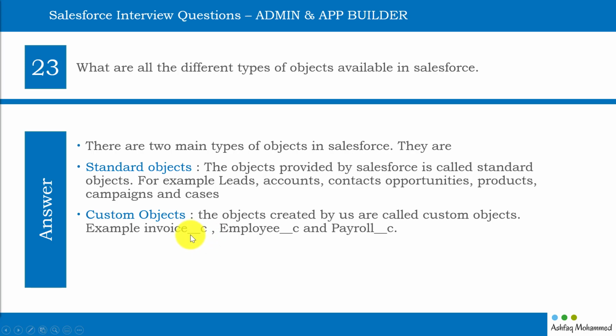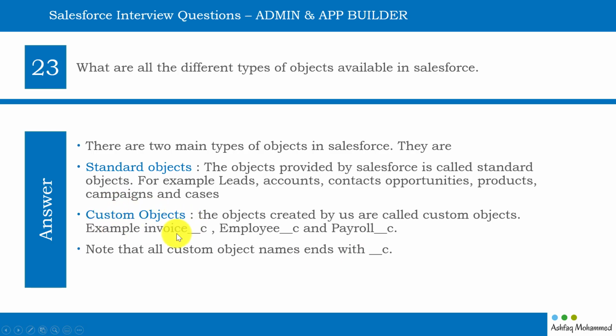You don't have to enter underscore C while giving the name. You just give the name as invoice, and Salesforce automatically appends this underscore C suffix, right? And note that all custom objects end with underscore C.